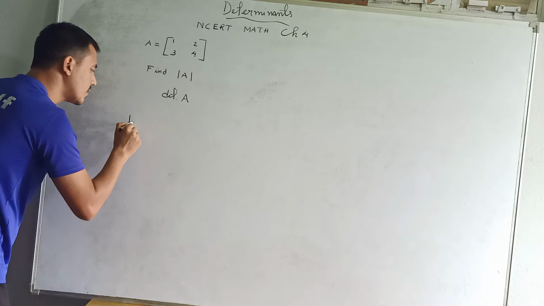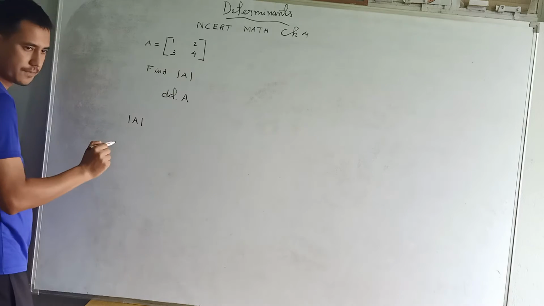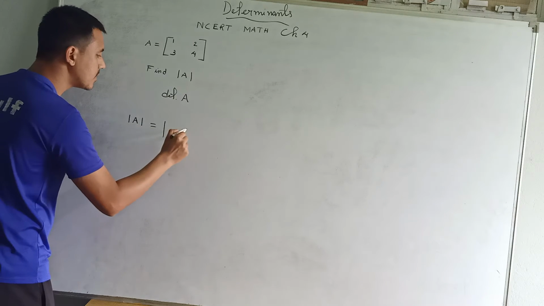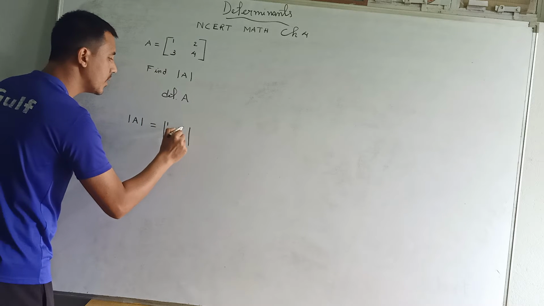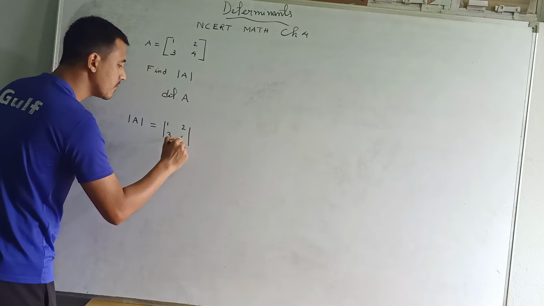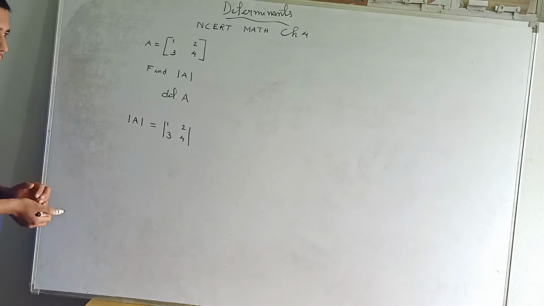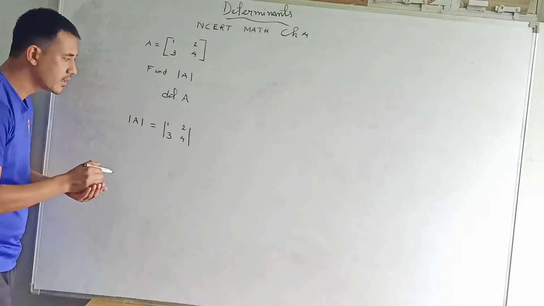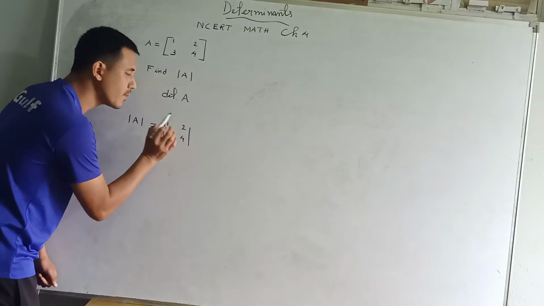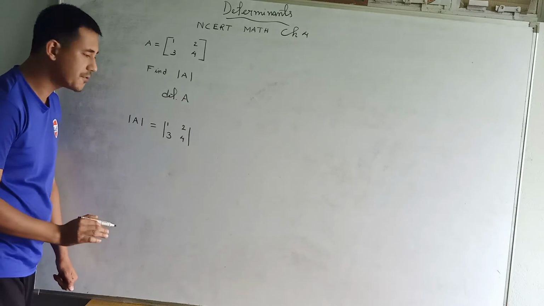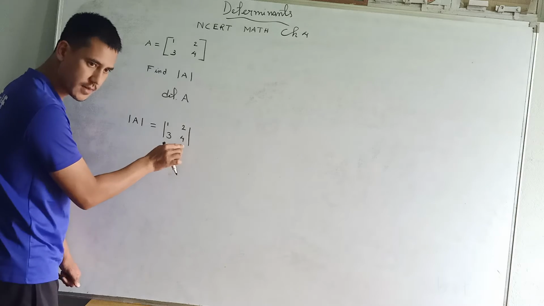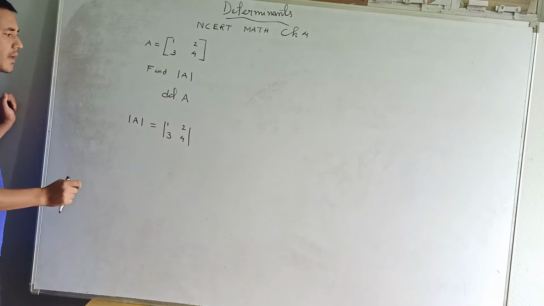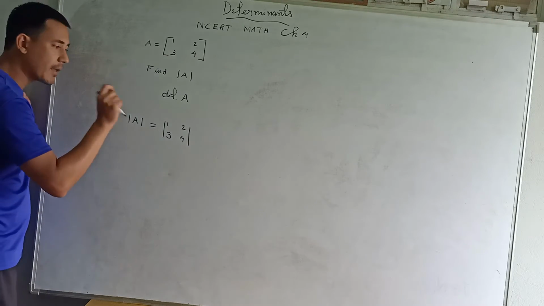Now, in order to find the determinant of a 2 cross 2 matrix, A is a given matrix, so determinant of A is equal to determinant of 1, 2, 3, 4. For order 2, finding the determinant is very simple. You just need to cross multiply the given entries diagonally.